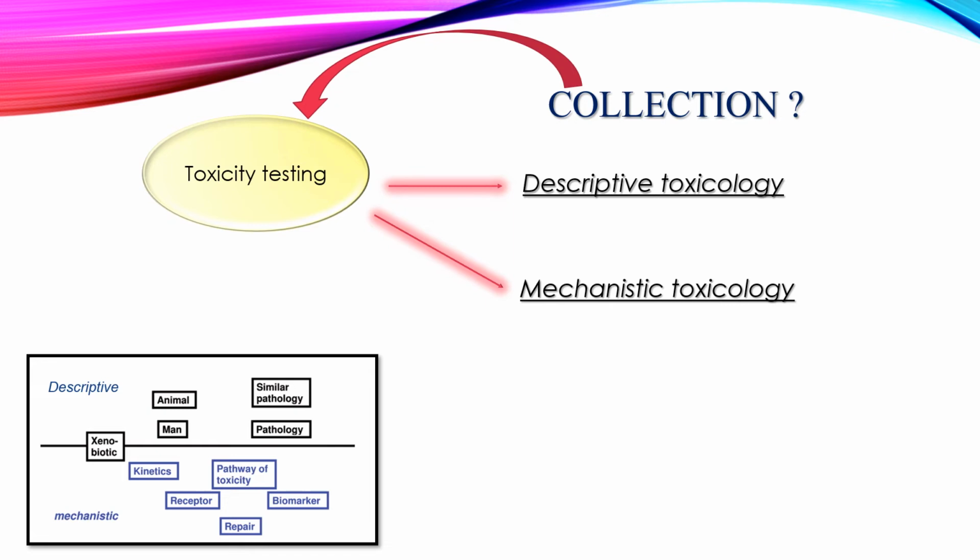That is the branch of toxicology that gives us toxicological data through toxicity testing. In descriptive toxicology, animals and genetically modified organisms are used, and in mechanistic toxicology, we learn the mechanism of how the toxic agent causes toxicity.